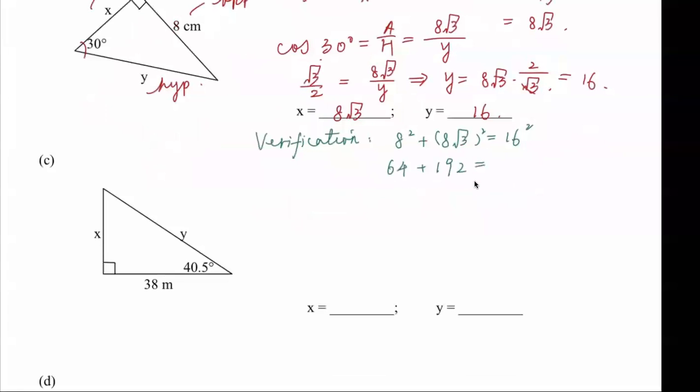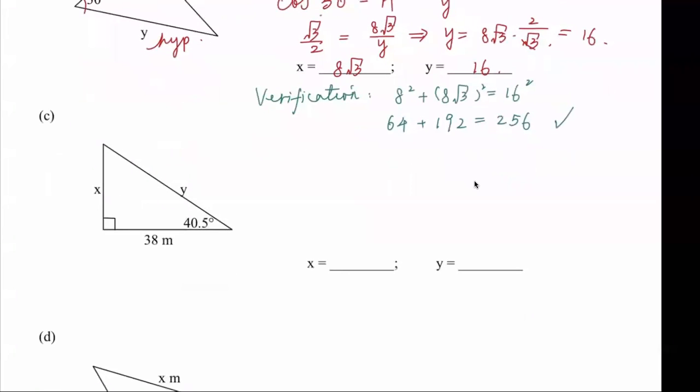So 16 squared, that's 256. So 64 plus 192, it is 256. So that means my calculation is correct. Okay, so this step is by the Pythagorean theorem.